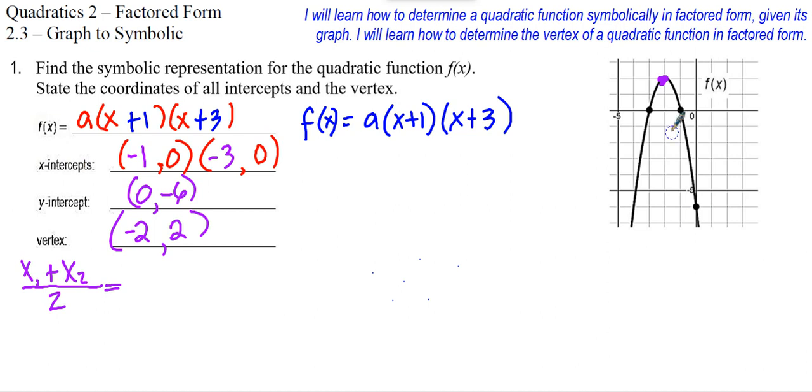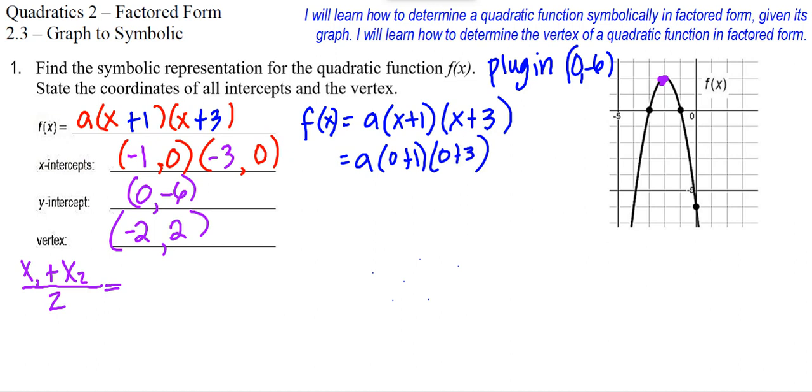And it's up to you if you want to use the vertex, but I do personally like the y-intercept because you know how you just plug in zeros, it doesn't really do anything. So I'm going to use my y-intercept. So I'm going to plug in 0 comma negative 6. So because my x is 0, I'll put the 0 in here.